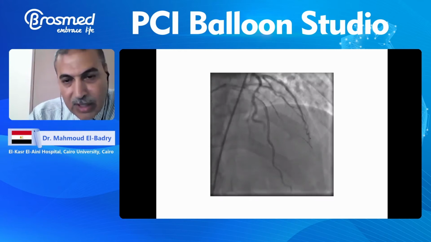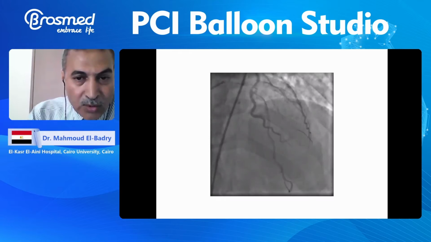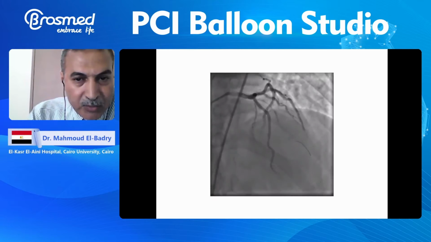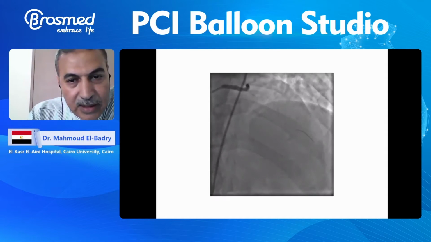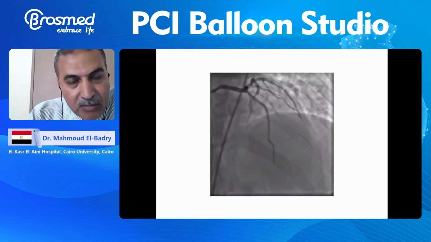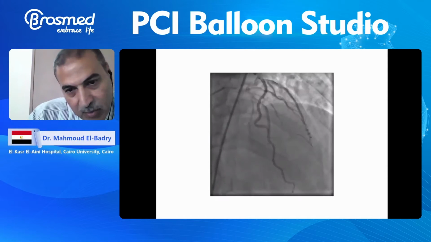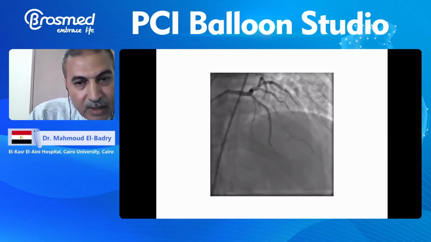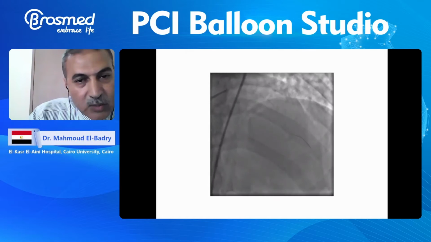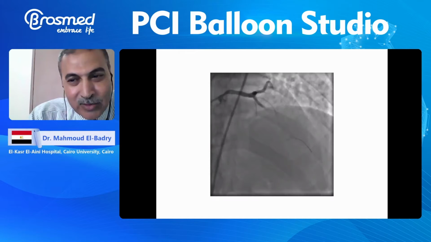So the decision now is whether to do a drug balloon or to put a stent in this long diseased segment. We don't have drug balloons available all the time, and because of the expense, sometimes we use the stent, which is cheaper than the drug balloon.